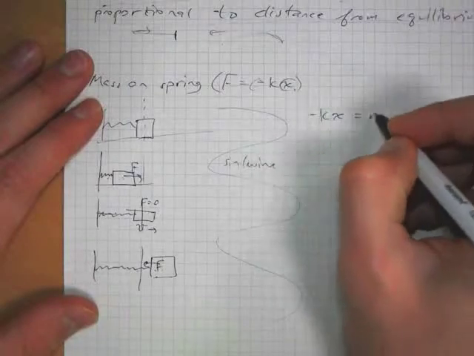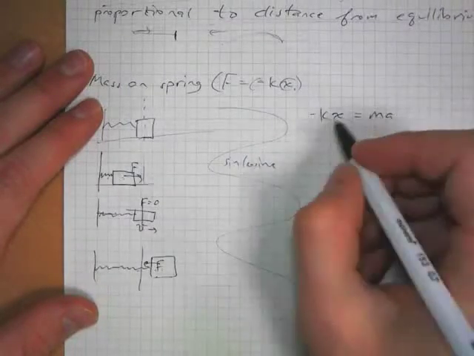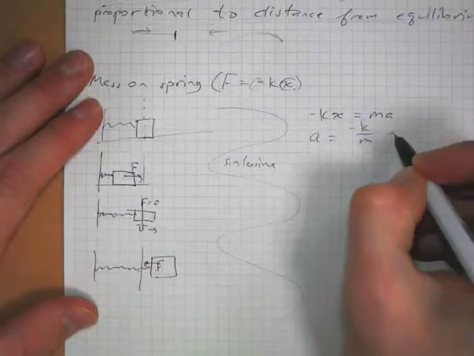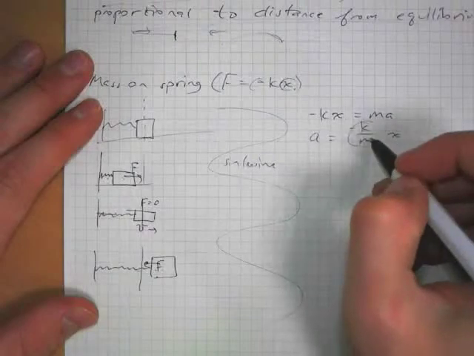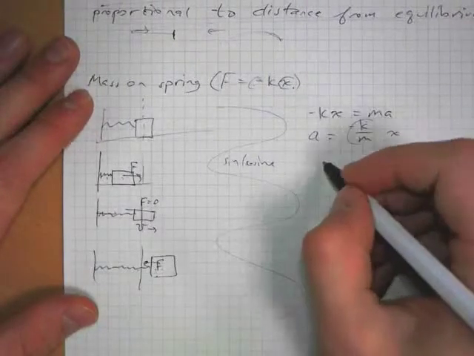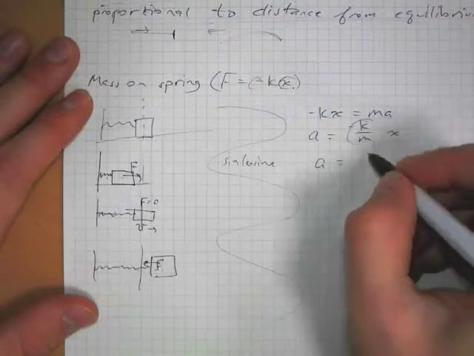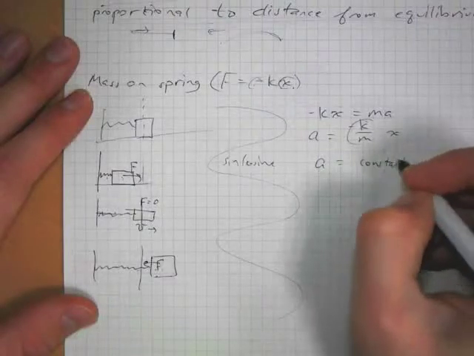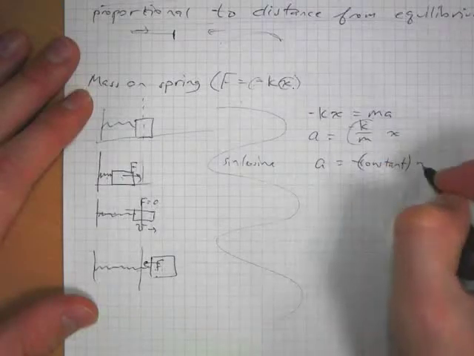That's equal to mass times acceleration, which tells us that acceleration is minus k over m times x. Now, this is the case for a mass on a spring. In general, for simple harmonic motion, the acceleration is going to be minus some constant times x.